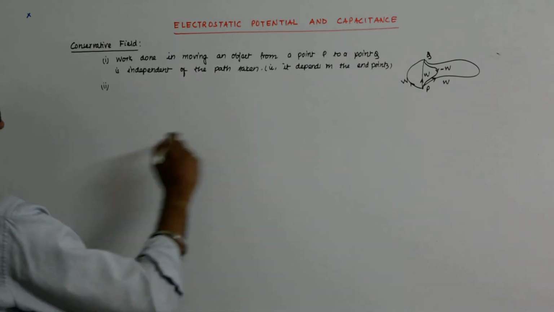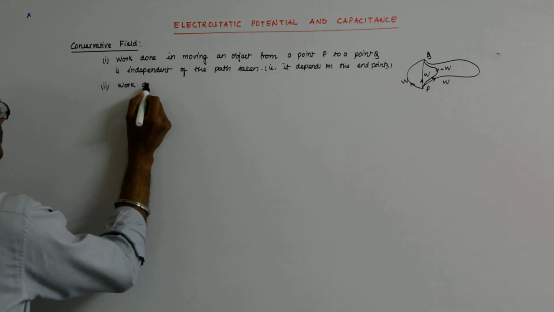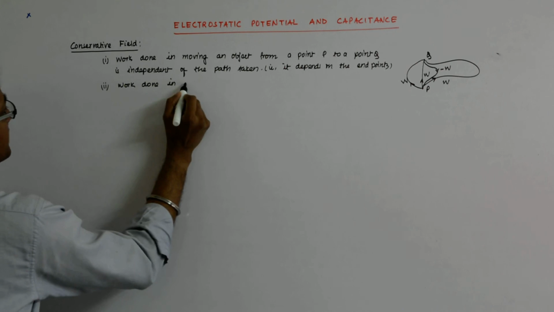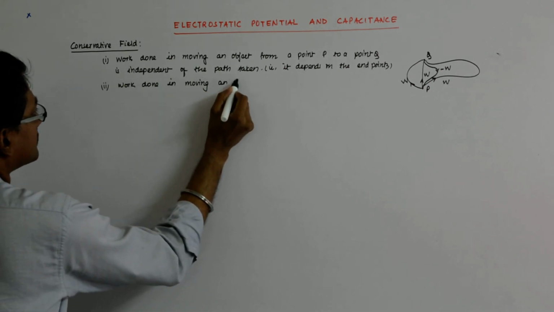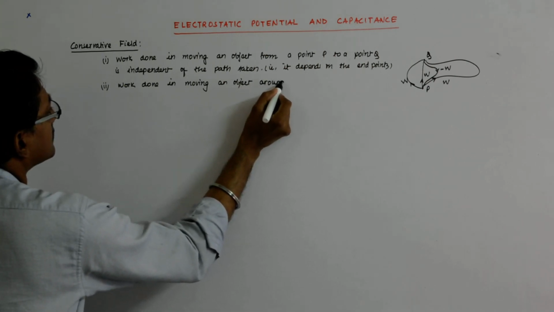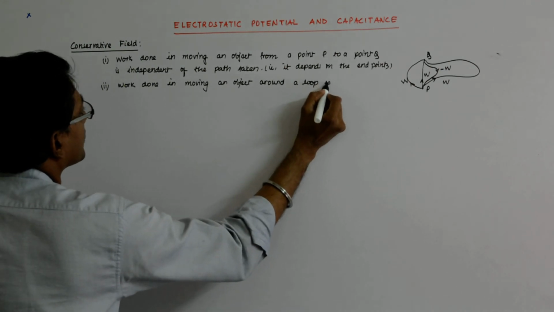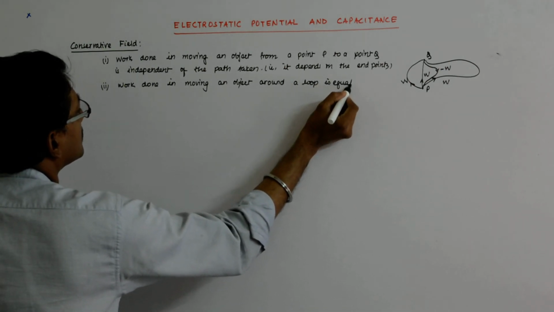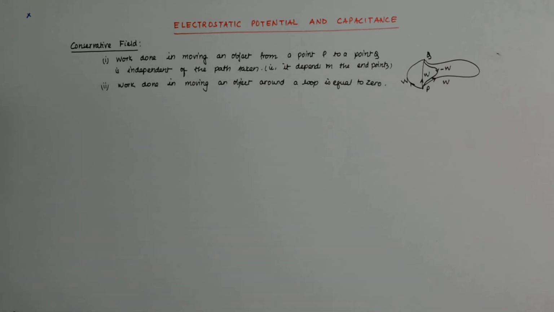So work done in moving an object around a loop is equal to 0.